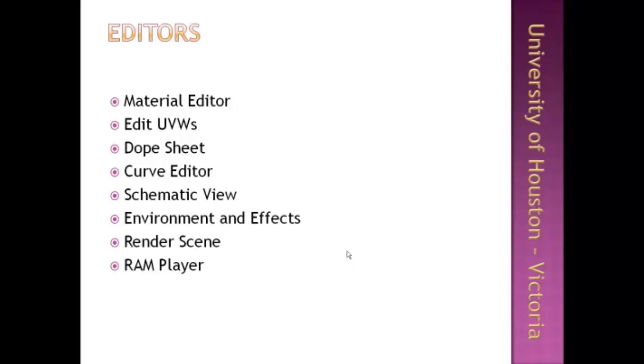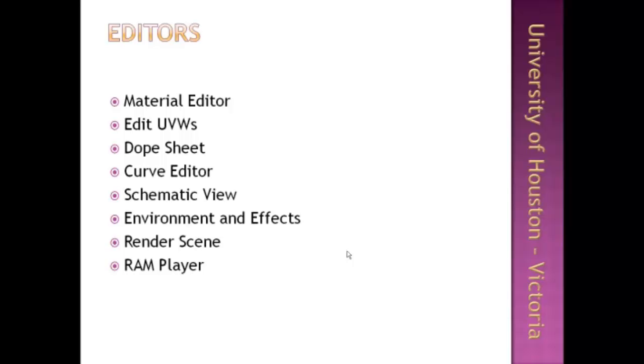There's the dope sheet, the editor for managing animation keyframes. The curve editor is for editing animation curve data. For example, you have two keyframes and you want the interpolation of the animation in between to be linear or follow a specific kind of curve. You can use the curve editor to do that.